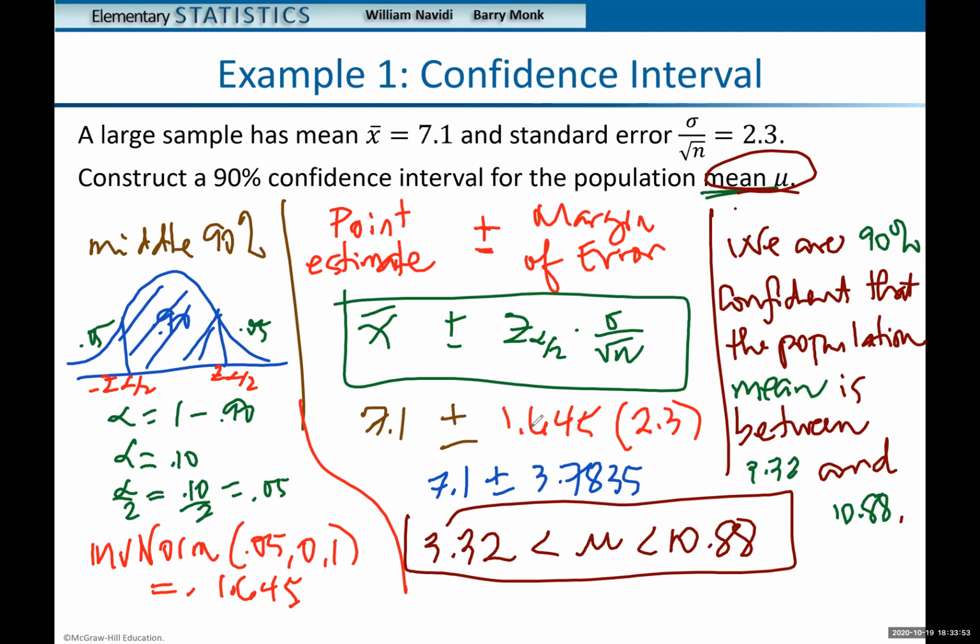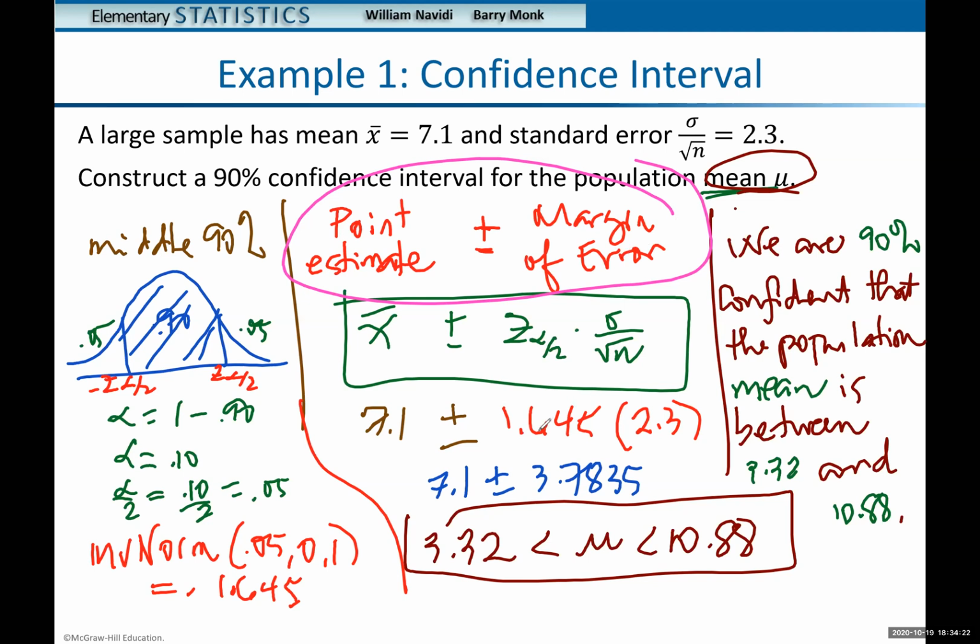Yes, our critical value is always positive. Even if you get the answer negative, use the positive, because you see here there's always a plus or minus. So remember, this is our formula: point estimate plus or minus the margin of error.